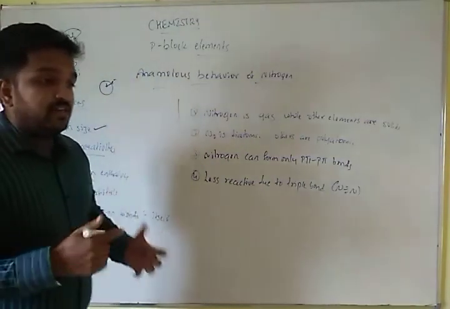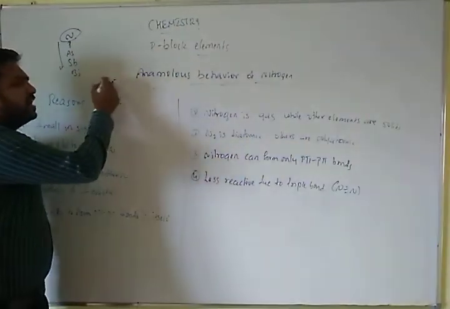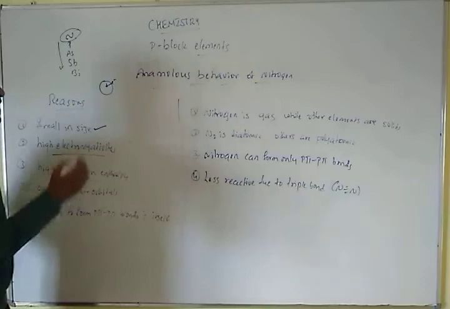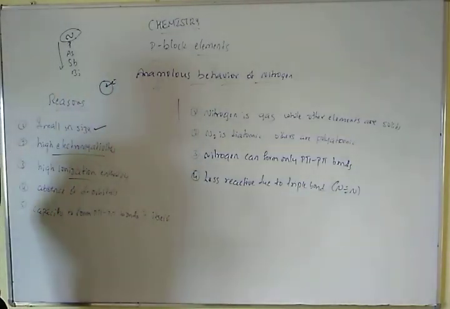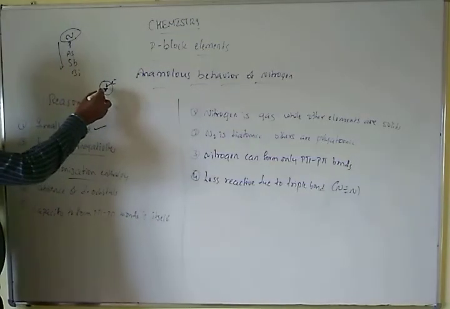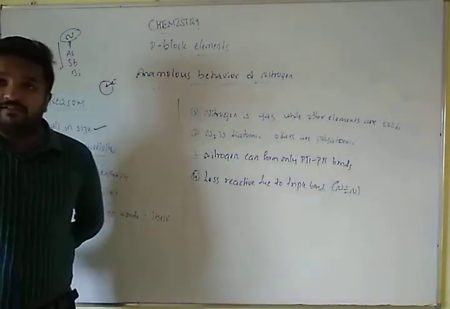That means the nucleus has a strong hold on the electron. So we need maximum energy to remove this electron from the influence of its nucleus. As the size decreases, the ionization enthalpy increases. This is the main reason.